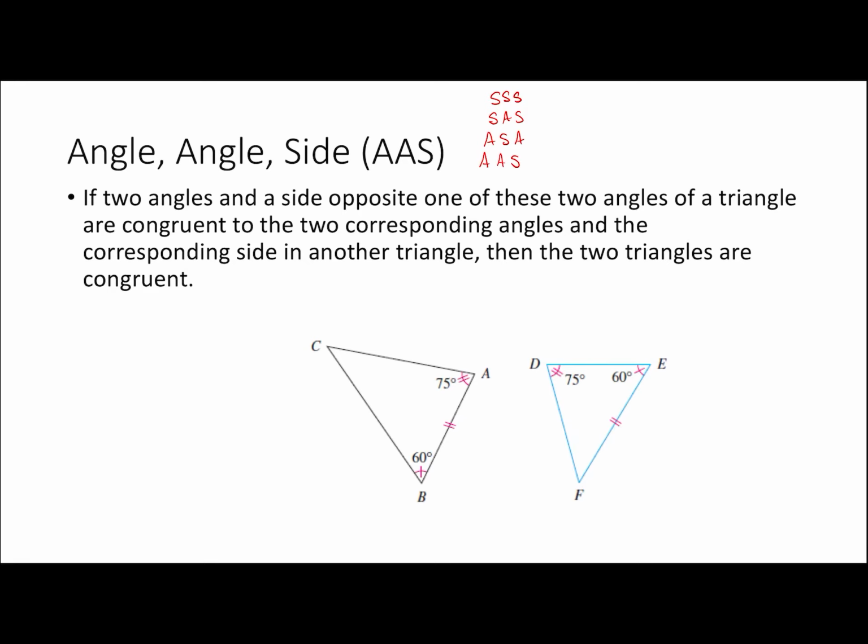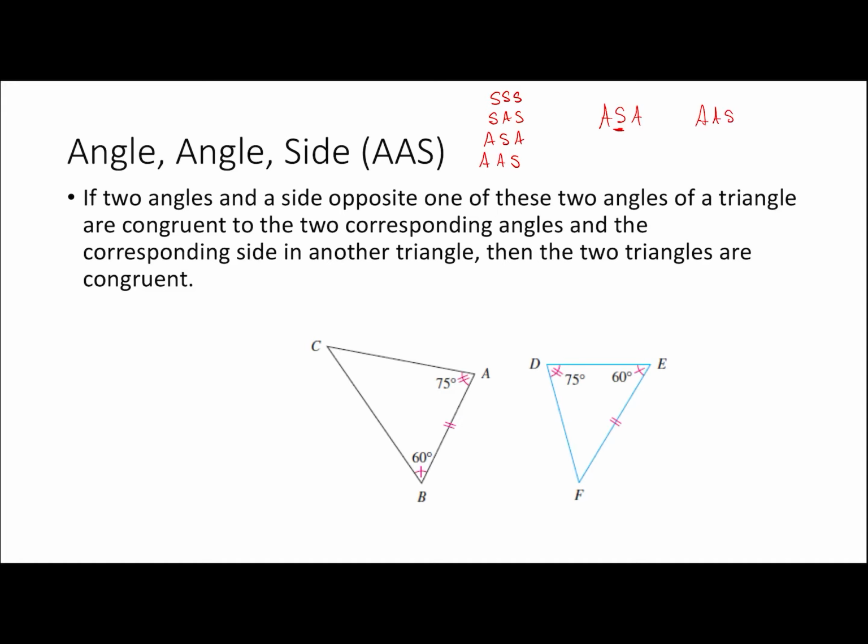Now, we also have what we call an angle angle side property, and that's different than angle side angle. So at this point we have side side side, side angle side, angle side angle, and now angle angle side.